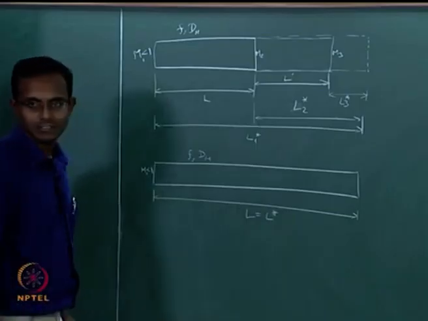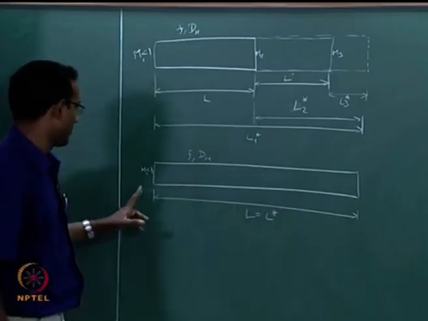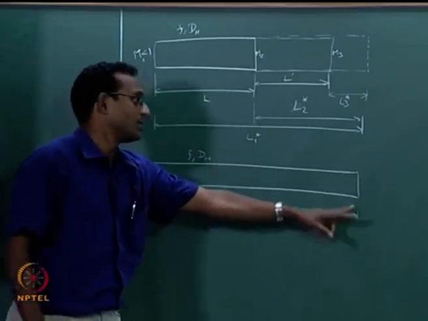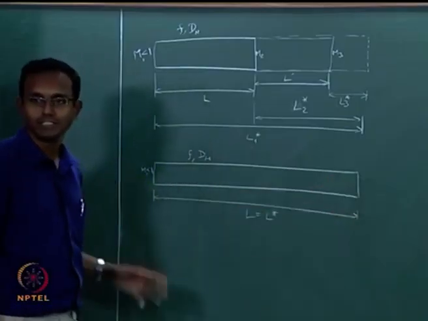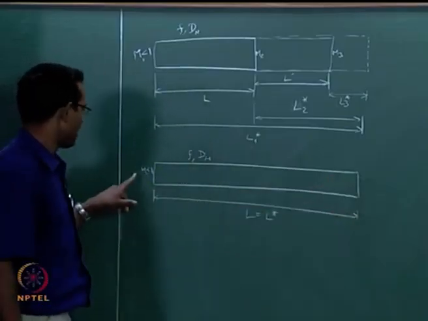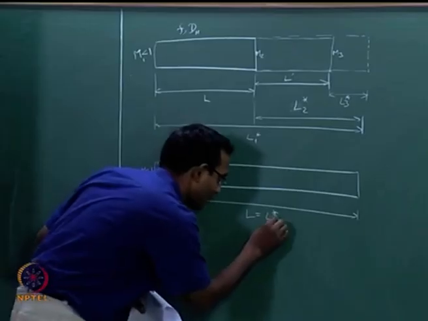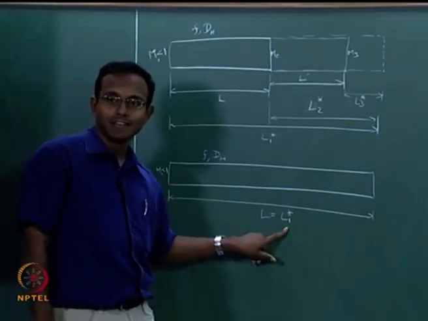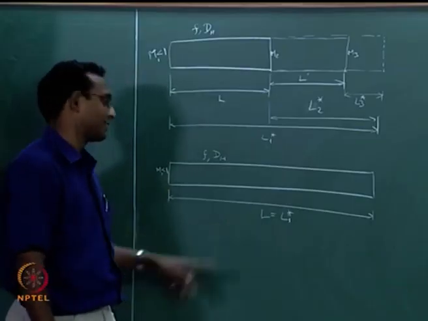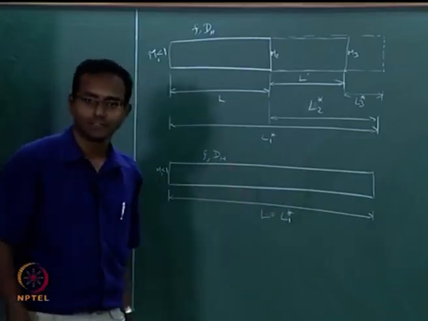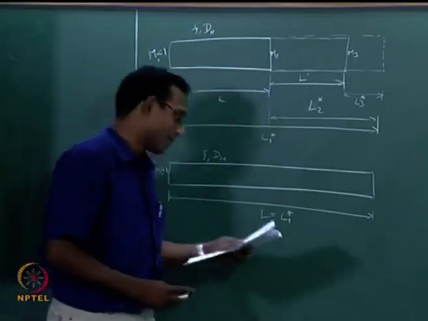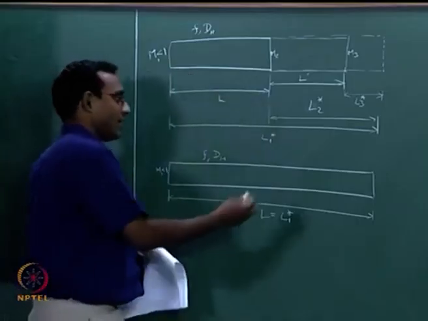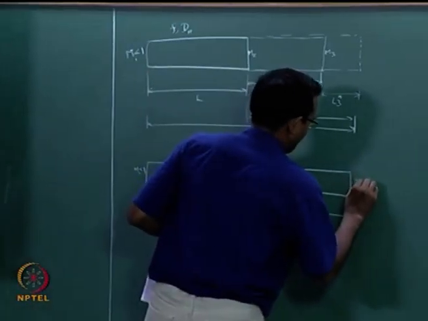If I have this case, then it is going to become M equal to 1 at that exit. Simplest case, really. For this L equal to L1 star, I should say, for this Mach number M1, this is the length needed, and I am providing exactly that length, and so it is just going to reach there. Okay, that is one simple case where I will have M2 equal to 1 here.